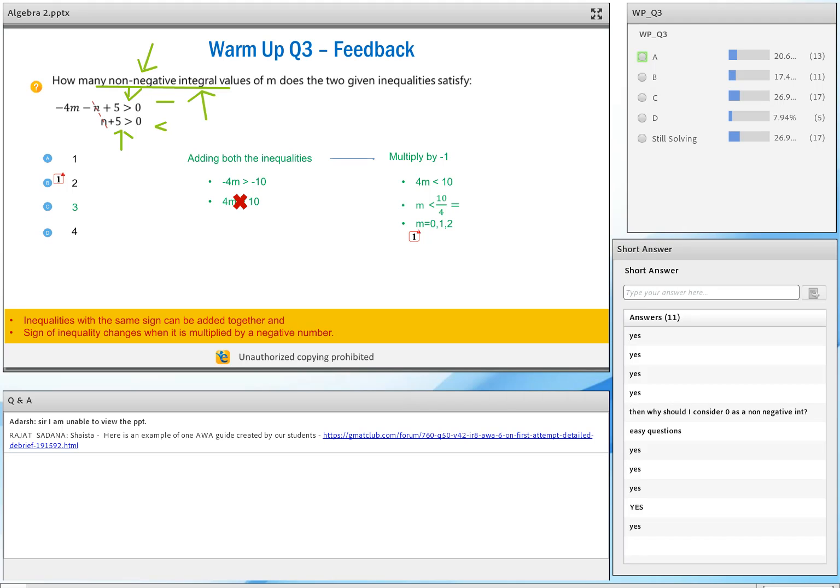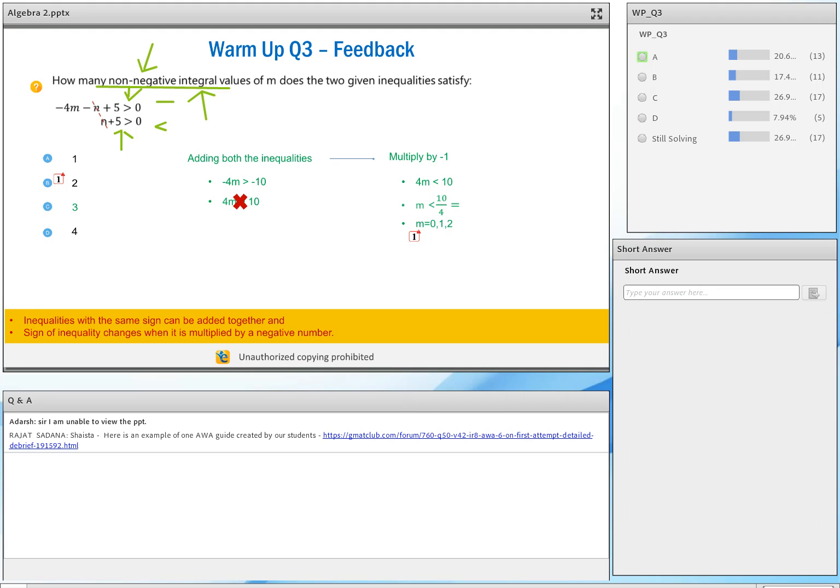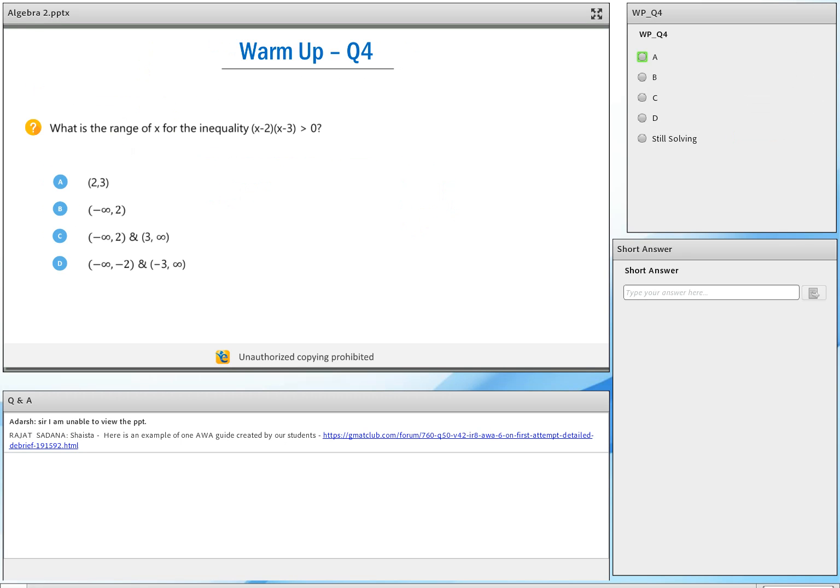All right. Okay, so let's come back to our question solving mode. And here it goes. Click on still solving, please. There you go.